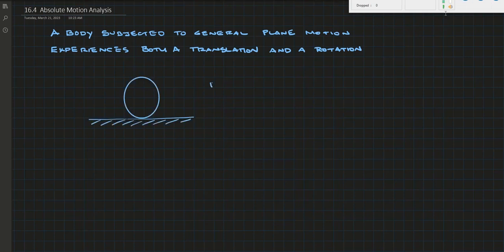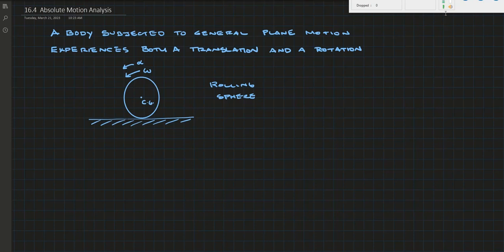For example, a rolling sphere on a surface where no slip is occurring will obviously have an angular velocity about the center of gravity and angular acceleration.